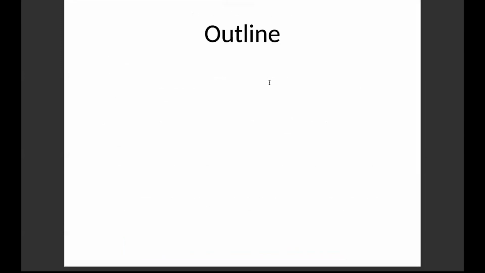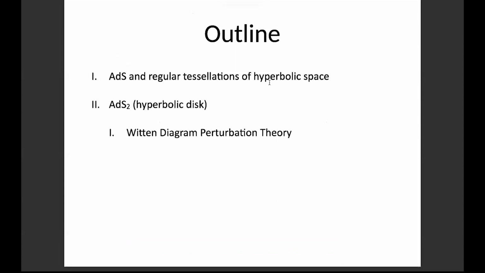So the outline of today's talk is as follows. First, I'm going to explain what anti-de Sitter space is, and how you go about tiling, tessellating, or latticizing it. Then I'm going to do the two-dimensional case. It's called the hyperbolic disk. I'm just going to check some perturbative calculations.